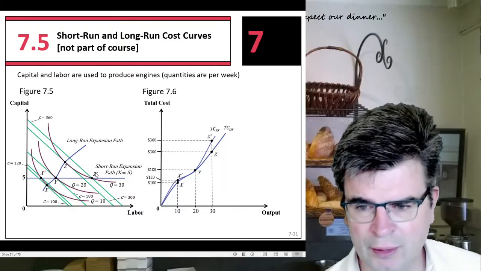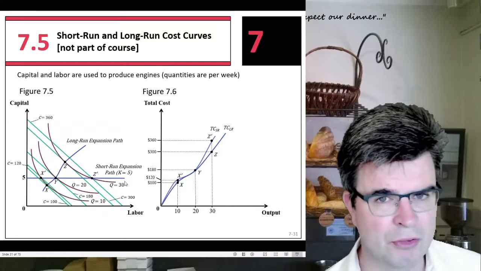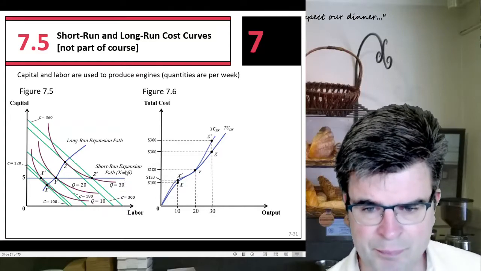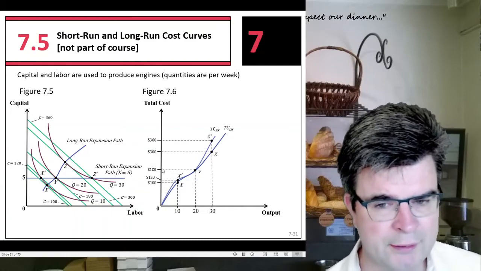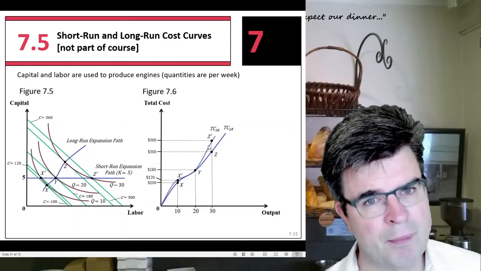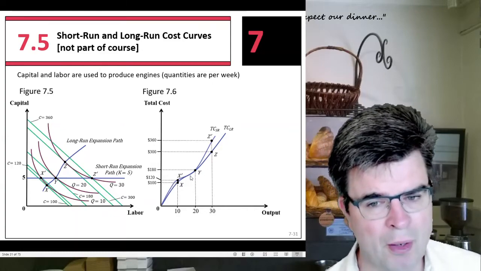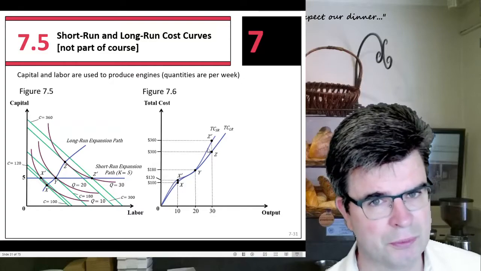And on the left hand side, this horizontal line is called the short run expansion path, because the capital is fixed at 5 units. And the important thing to note is that the short run total cost function is identical at one point, but mostly above the long run total cost function.